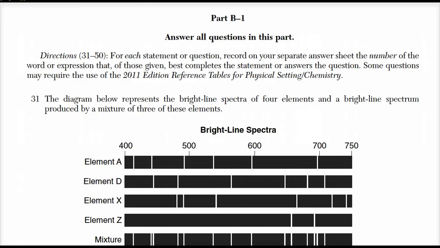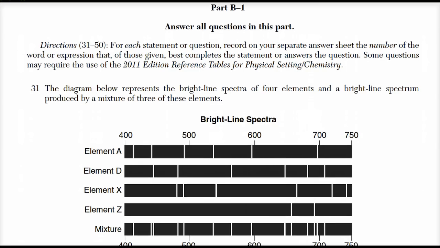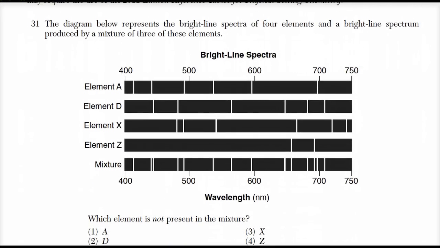The diagram below represents the bright line spectrum of 4 elements and a bright line spectrum produced by a mixture of these 3 elements. Now you should have learned that these bright line spectrum represents particular wavelengths of visible light that are emitted when electrons from a positive nucleus jump back to their ground state.